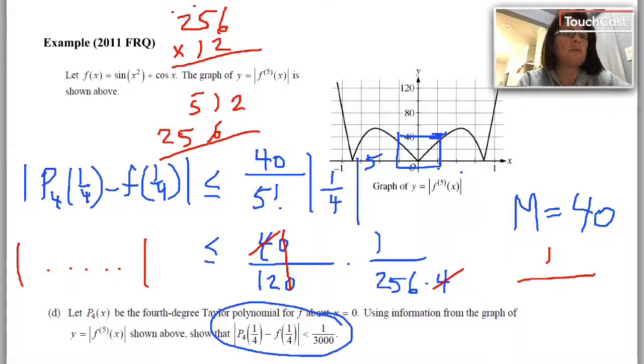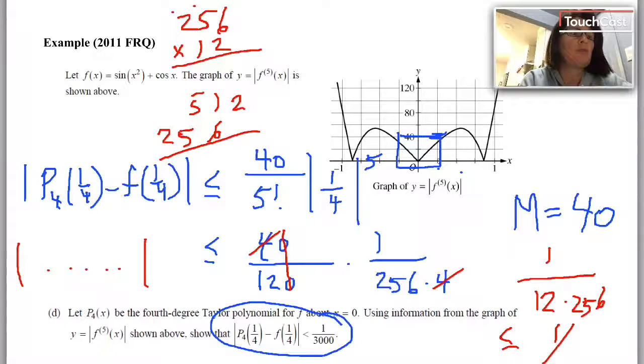As long as you're convinced that that's more than 3,000, leave it like this, 1 over 12 times 256, which you could say is less than 1 over 3,000, because that denominator is bigger than 3,000, so the whole fraction has to have a value less than 1/3,000.